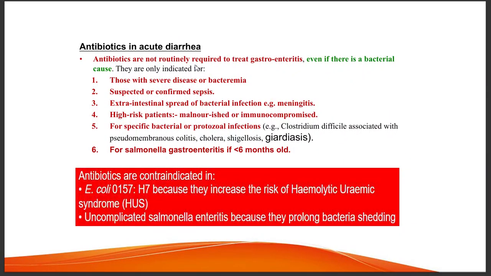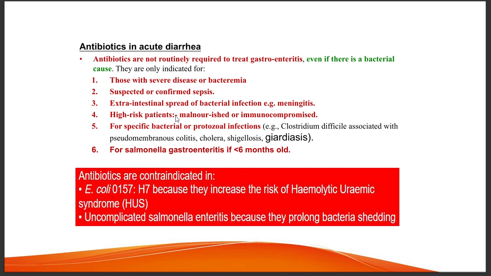For antibiotics, they are not normally given in someone that has got acute gastroenteritis, even if there is a bacterial cause. They are often indicated, but of course you only give antibiotics if there is an indication. For example, those with severe disease or bacteremia, suspected or confirmed sepsis, extraintestinal spread of bacterial infection, for example meningitis. You're suspecting meningitis.